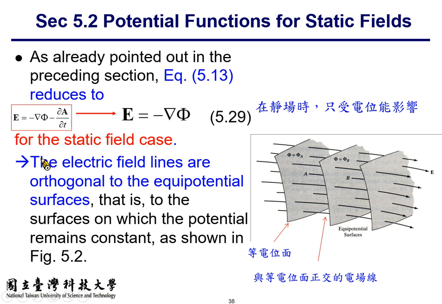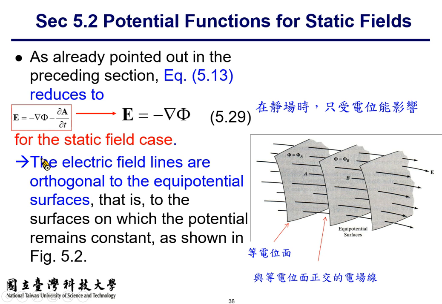So this term will perturb this relationship. Okay, so what relationship? That is the direction of E and the direction of gradient of phi must be perpendicular. They are orthogonal to each other.